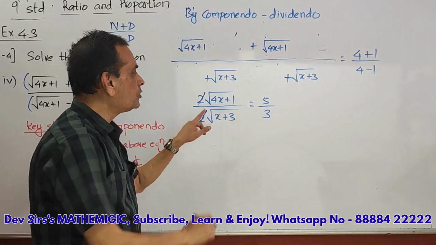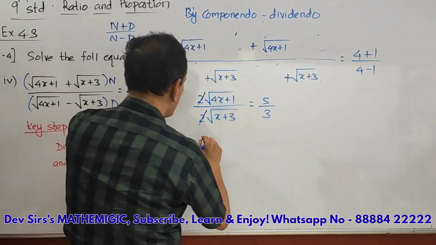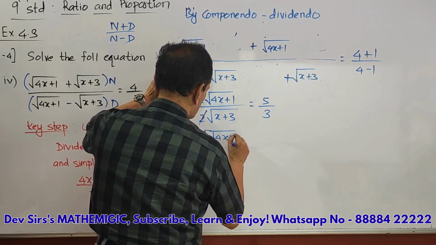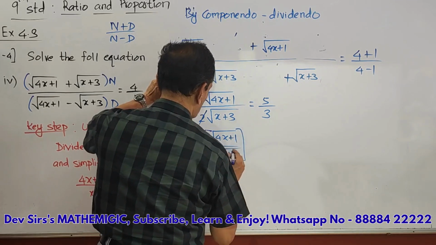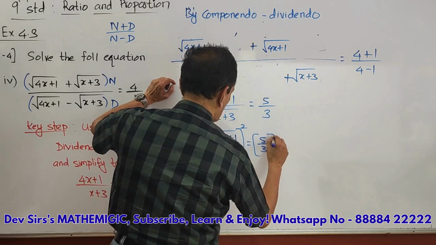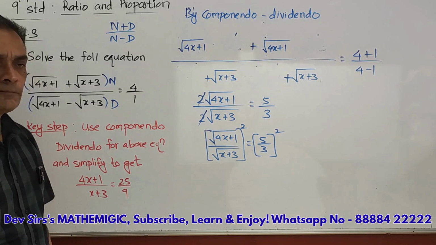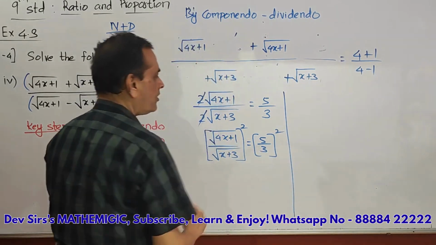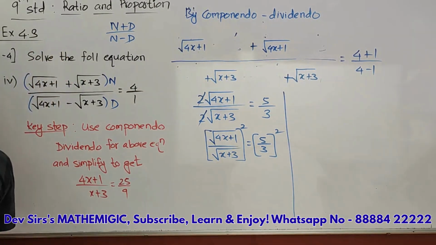Now for this equation, if you want to remove the square root sign, what do you do? Squaring both sides. So squaring both sides means what? Like this. Square both sides. Clear? Because of that, what happens? I will use a different pen.